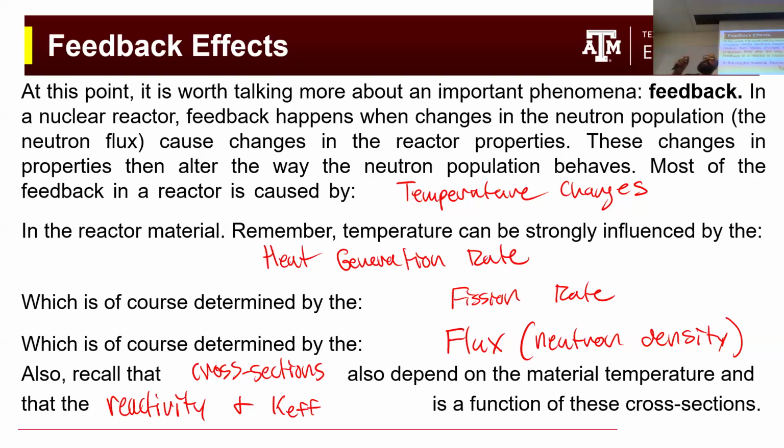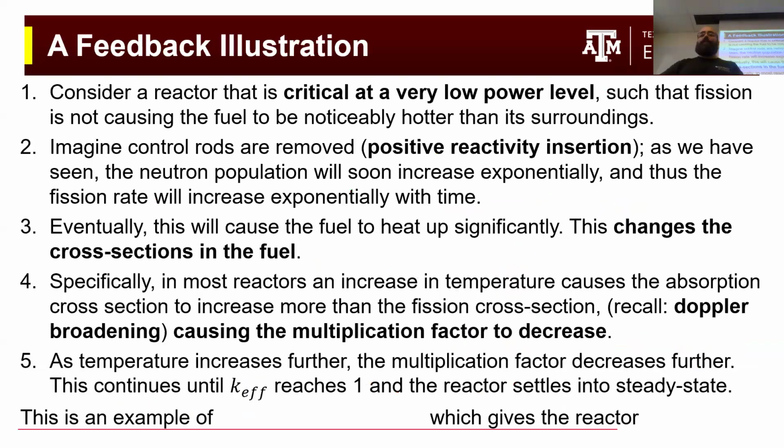The initial change to our system was some reactivity insertion, but that change causes all these other effects, which ultimately affect the reactivity, which affects everything else. So these systems are coupled and they interact with each other.